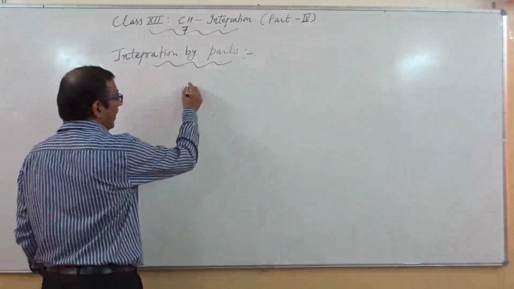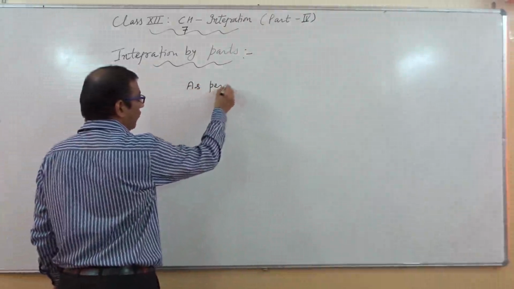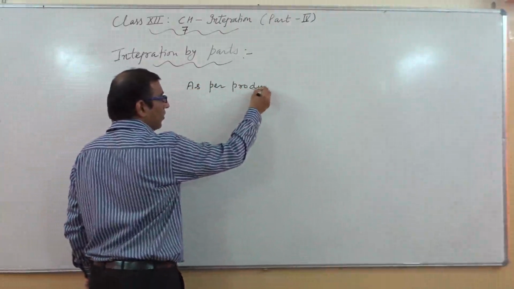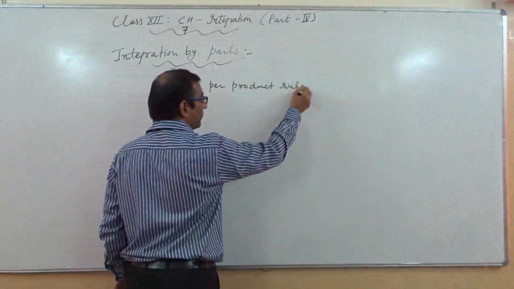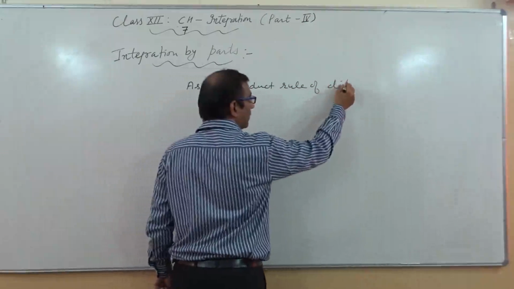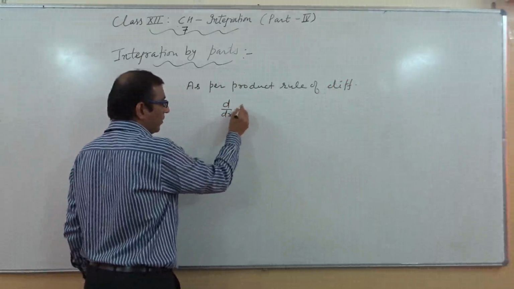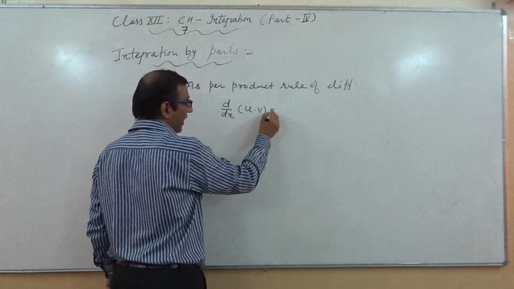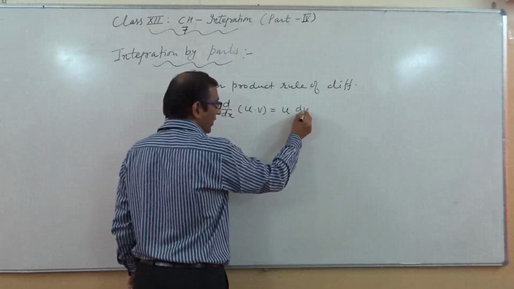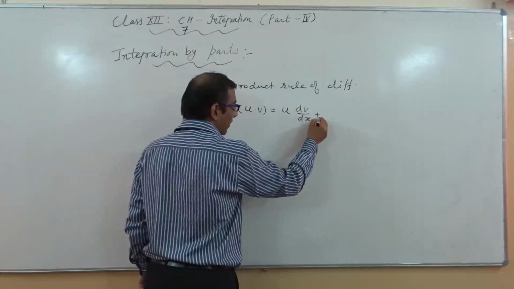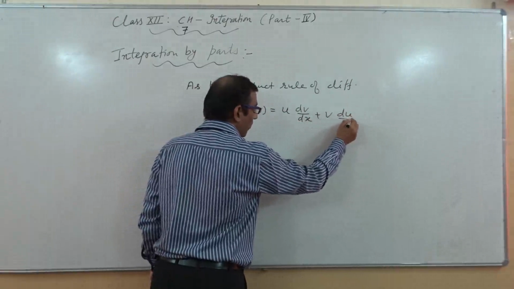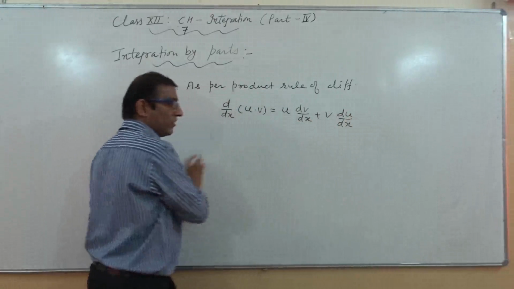As per the product rule of differentiation, we know this thing very well. d by dx of u into v can be written as u dv upon dx plus v du upon dx. Okay.